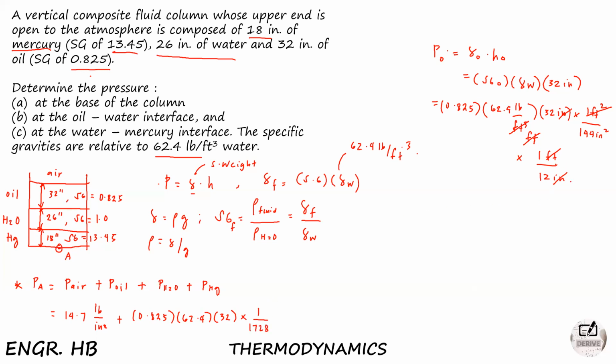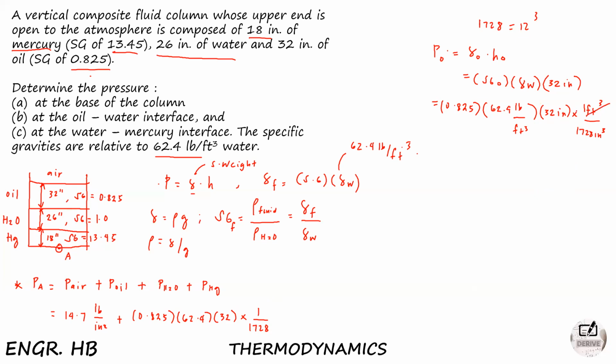Another approach dito para walang malito is that burahin natin, balikan lang natin saglit. So, that was 62.4 pounds per cubic feet times inch. Pwede natin siyang i-direkta na 1 cubic feet is equal to 1728 cubic inches. So, 1728 is equal to 12 cubed. 12 times 12, 144 times 12, that was 1728.